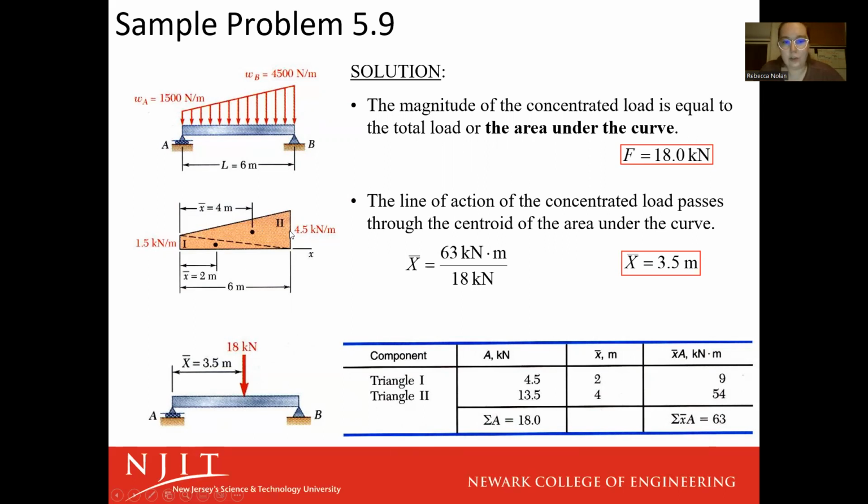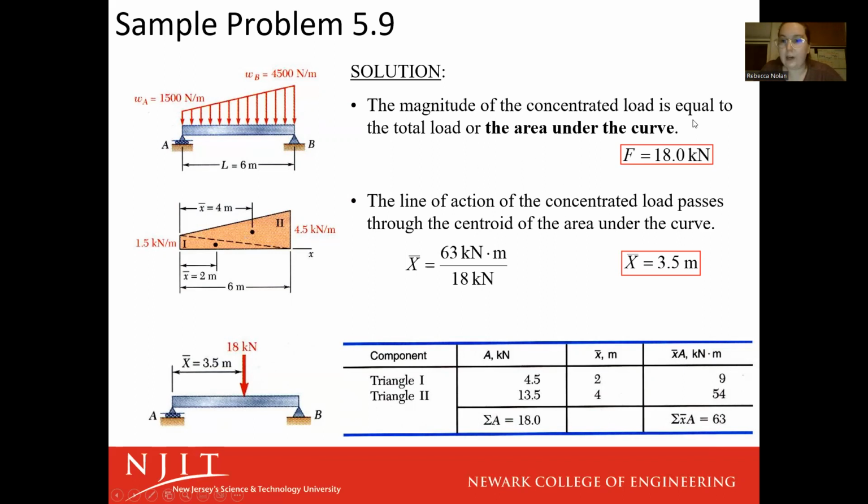For your second one, you're going to follow the same process. Since your triangle is flipped, the centroid is 1/3 closer to the longer edge, so it's going to be 2/3 from the start. That's where we get the 4 from. Set up our chart the same way.